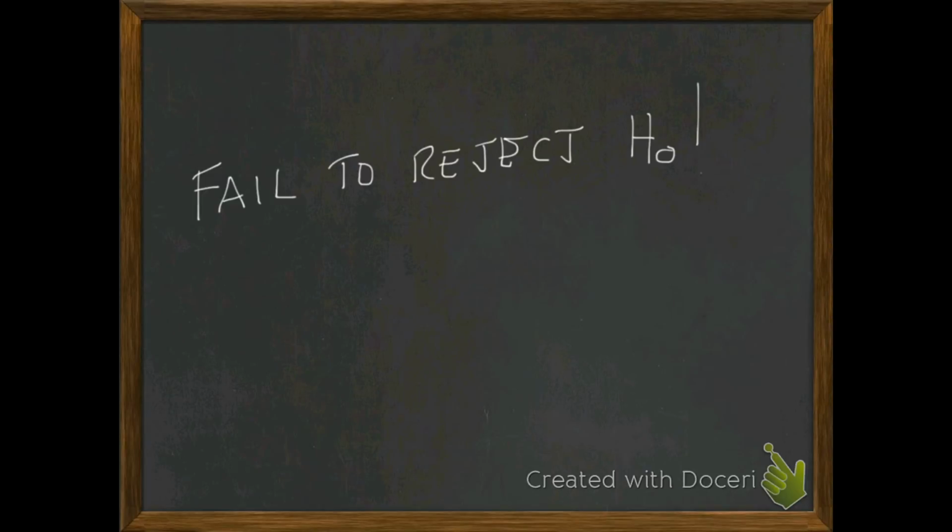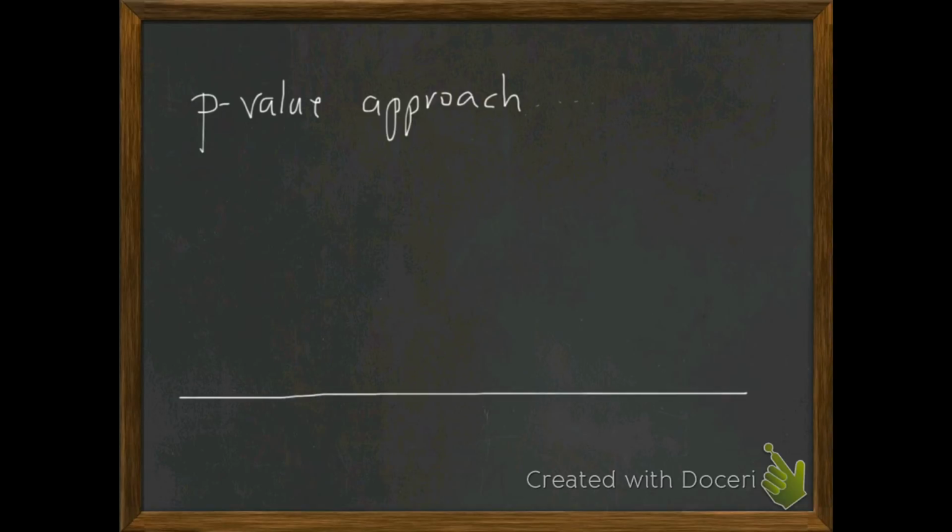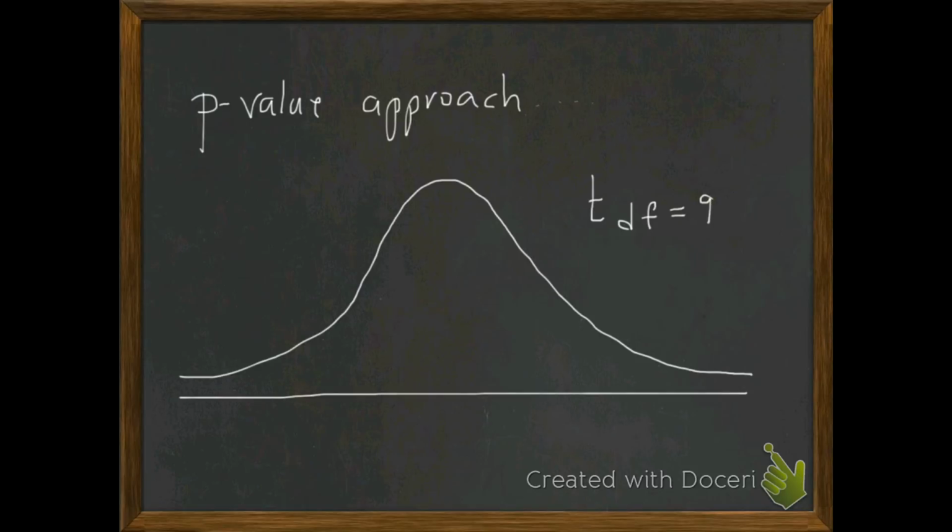Now, another method, and the one we're going to use as we get into more sophisticated measures, is called the p-value approach. So what we do here, instead of defining the lines in the sand, is appreciate that we're drawing our samples from the t-distribution, again, degrees of freedom 9.